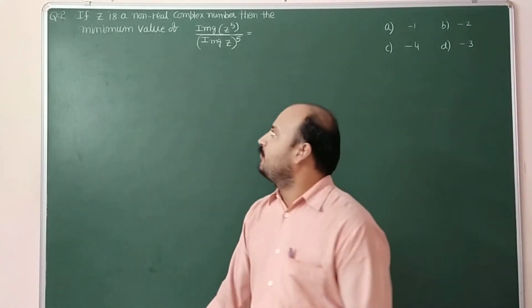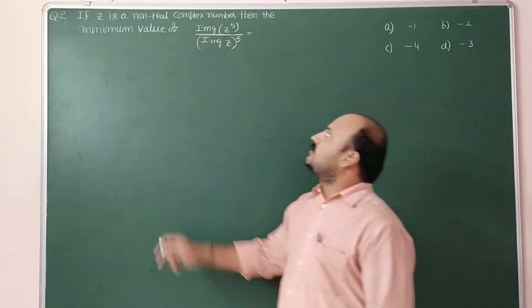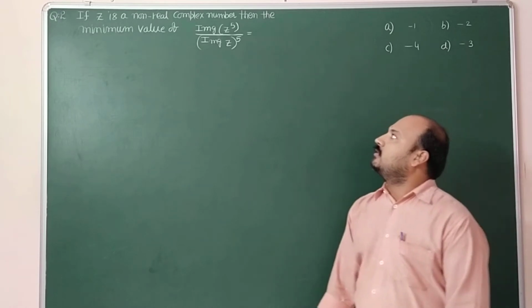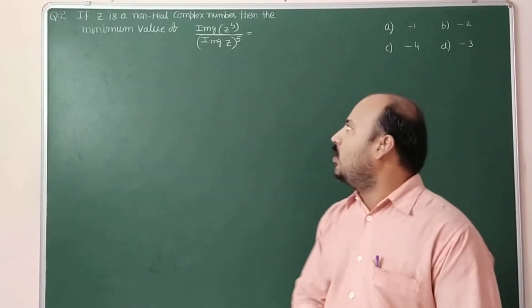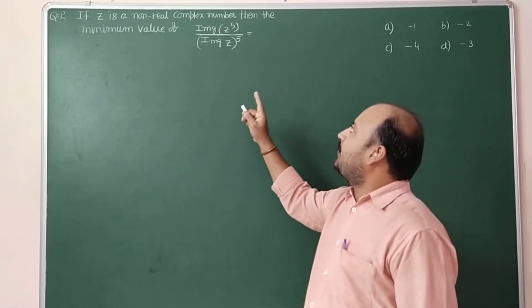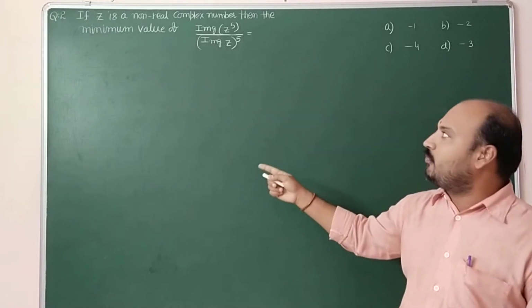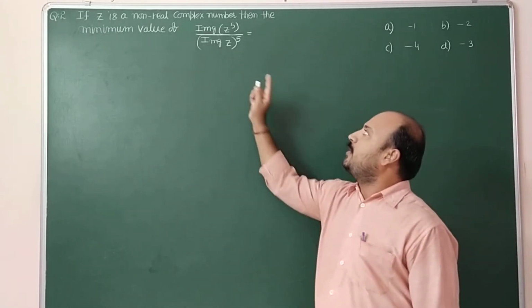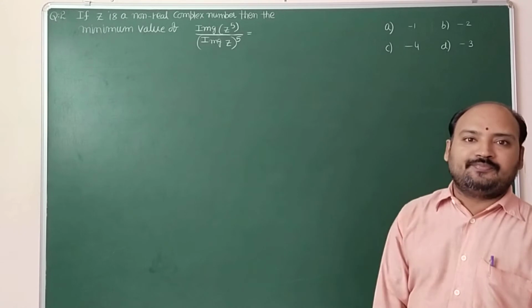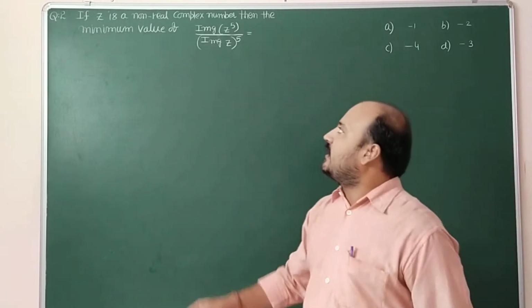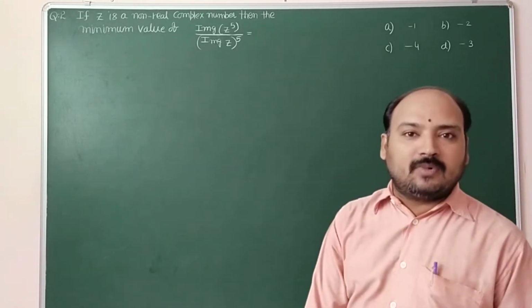The next question: if z is a non-real complex number, then the minimum value of imaginary part of z power 5 divided by imaginary part of z whole power 5. First you have to consider z is a non-real complex number.